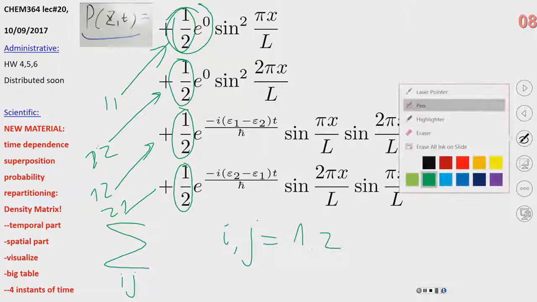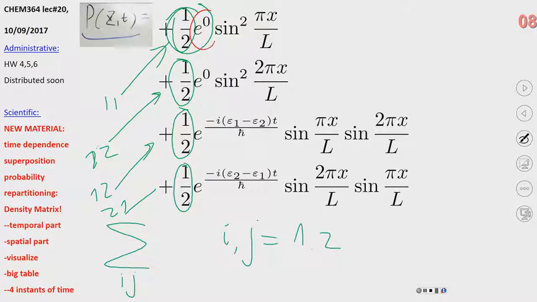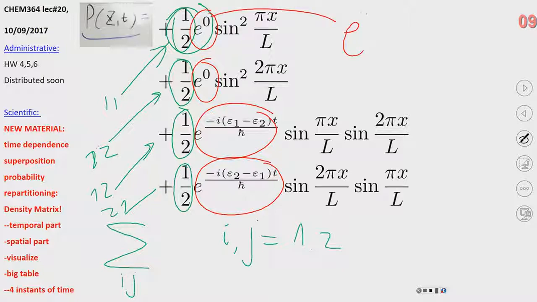Then the time factor, and then the spatial distribution. So for the time factor, if you look back, it is e to the power minus i over h bar, E1 minus E1 times t, which will be 0. Same energy gives 0, e to the power 0 is 1.